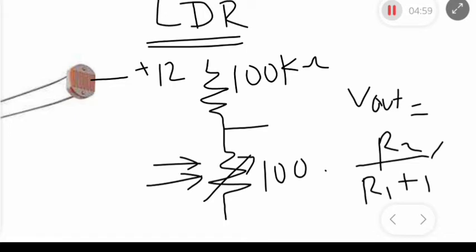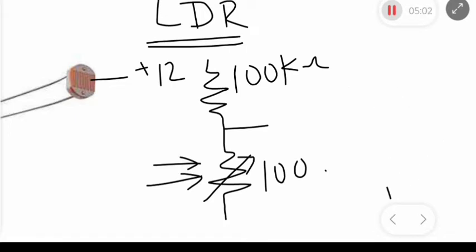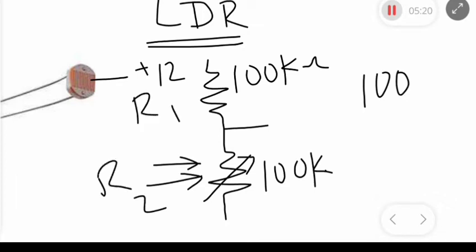Let me just show you. Basically, R1 is 100k, R2 is 100k. Remember this is the LDR and it's rated 100 kilo ohms, which is our R2. This is our R1.